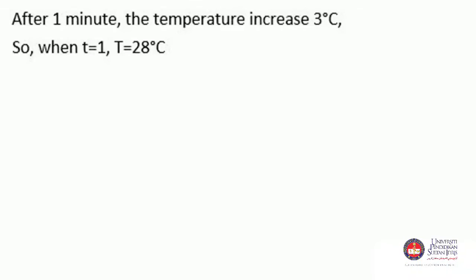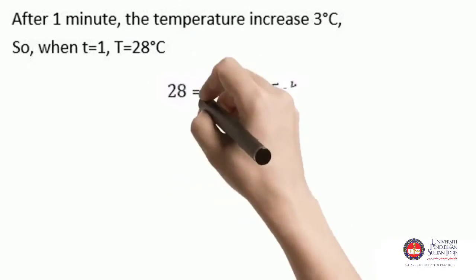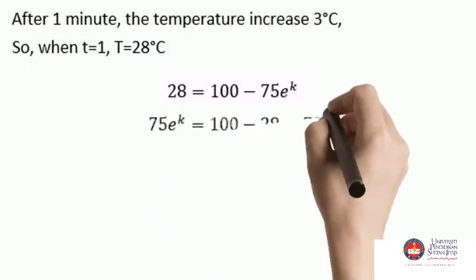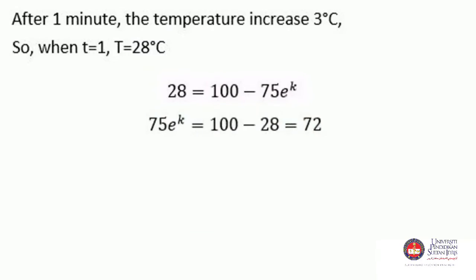So we substitute the numbers into the equation and we get 28 equal to 100 minus 75, which is the A that we got before, times e to the power of k times 1. And we arrange the equation and we get 75 times e to the power of k equal to 100 minus 28 equal to 72.